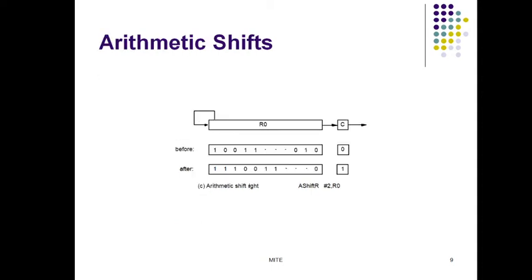Next we shall see arithmetic shifts. Shifting a number one bit position to the left is equivalent to multiplying that particular number by 2. So left shift by one bit is equal to multiplying that number by value 2. Okay, and shifting it to the right by one bit is equivalent to dividing that number by 2.